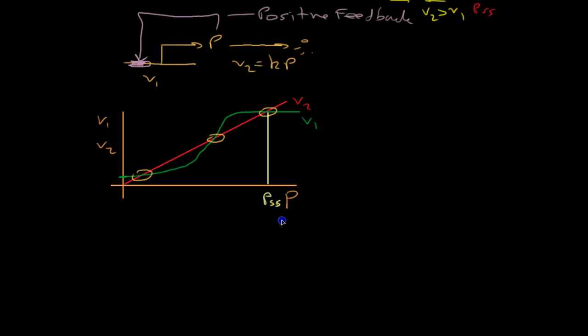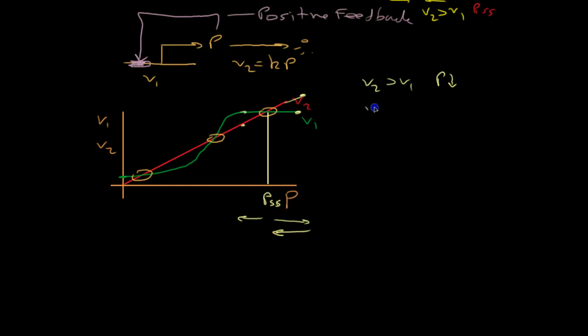What I'm going to do is perturb P so that I push it up a little bit. If I push it up a little bit, you'll notice that V2 is greater than V1. If V2 is greater than V1, consumption is bigger than production, therefore P will go down. What happens if I push P in the other direction?